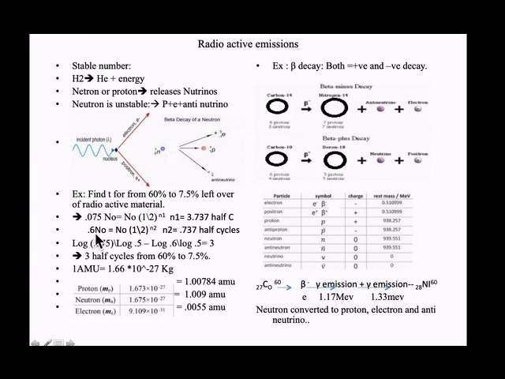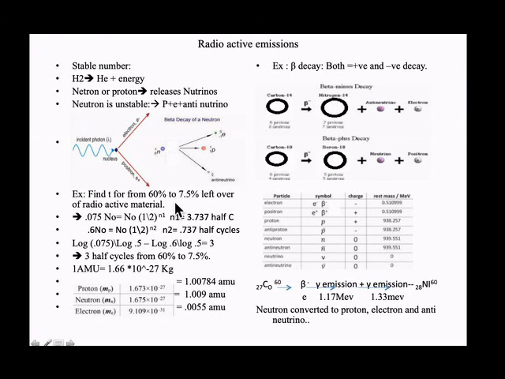Similarly, log 0.6 divided by log 0.5 gives me N2, because 60% is 0.6 N0 left out. 60% left over. So 0.60 is the N. When I subtract, I get 3 half cycles. So from 60%, it will take another 3 half cycles to come to 7.5%.